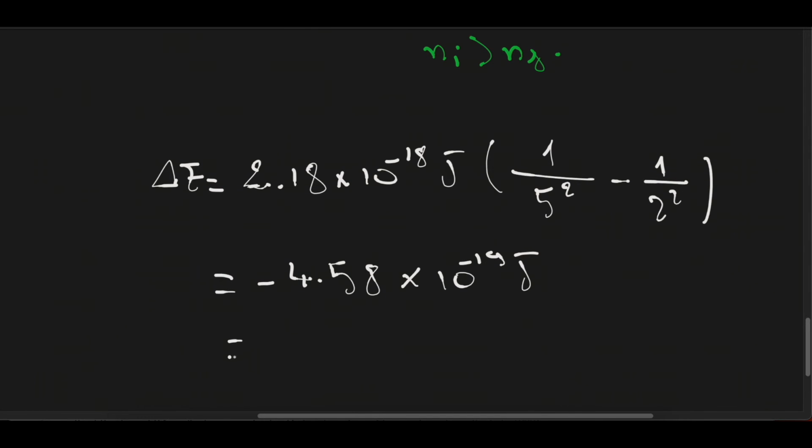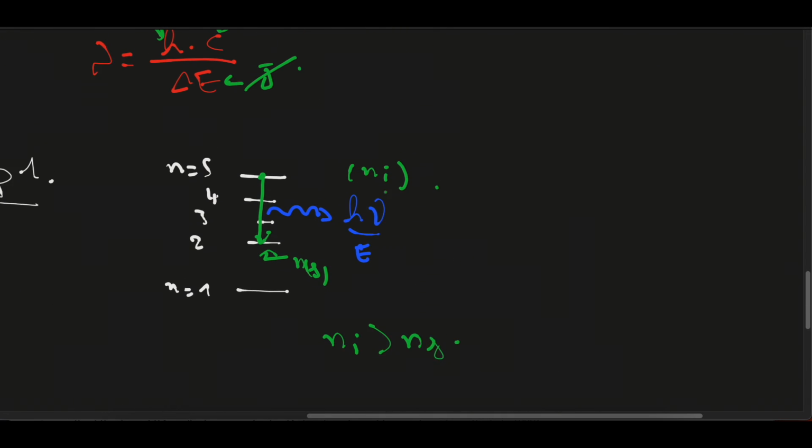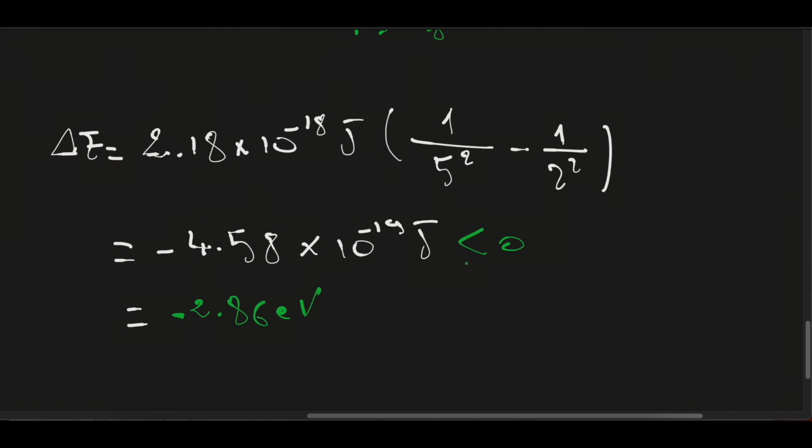And in eV it gives a value of minus 2.86 eV. We see that it is a negative value because it is an emission process. So we have the value in joule and in eV.